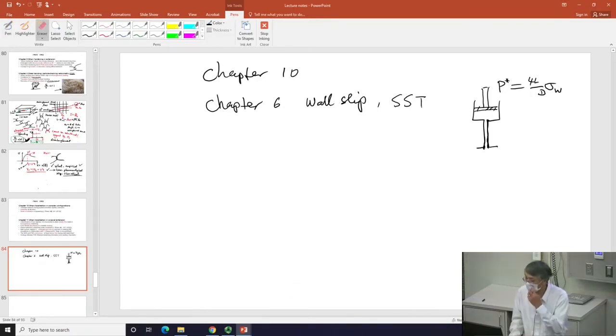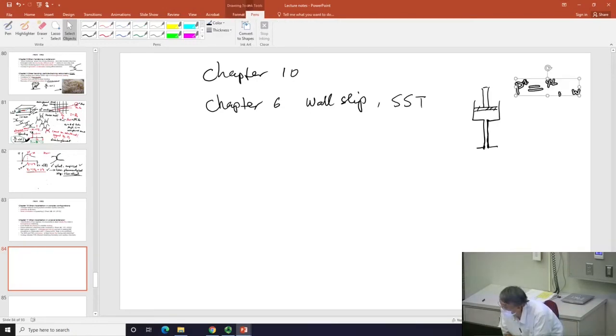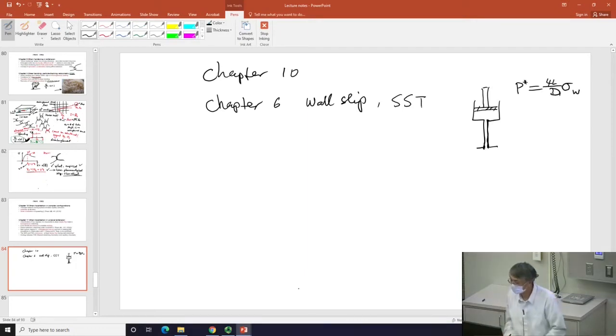This should be right. So the pressure prescribes what the wall stress is. Sigma W, the pressure prescribes what the wall stress is.